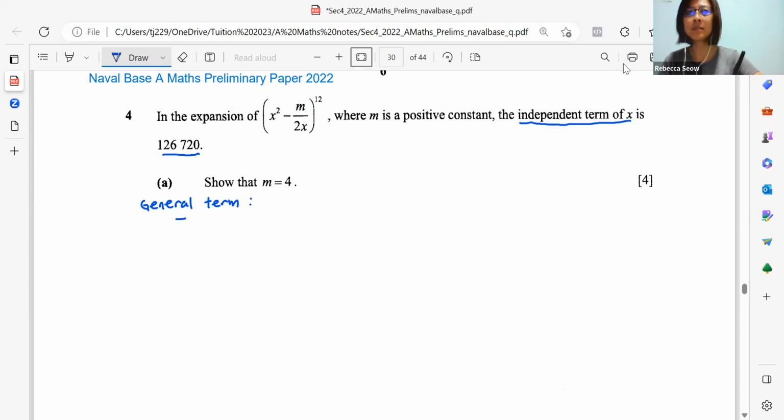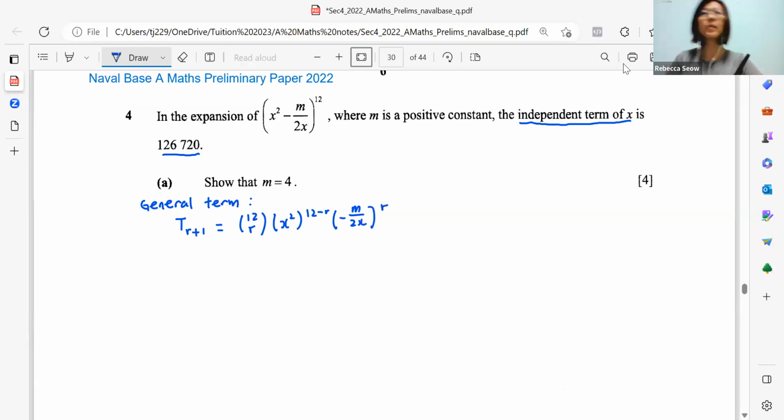The general term would be written as T subscript r+1 equals 12 choose r. The 12 is taken from the power, (x²)^(12 − r) times (−m/(2x))^r.